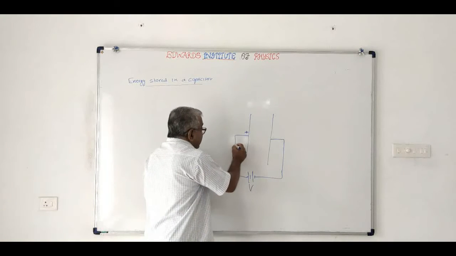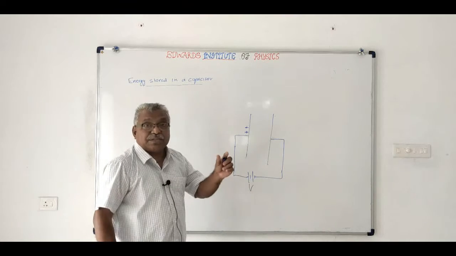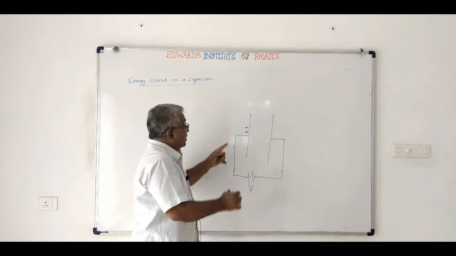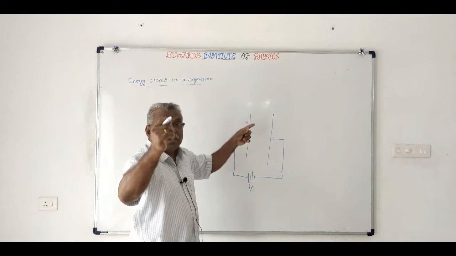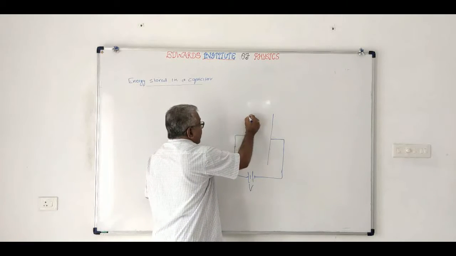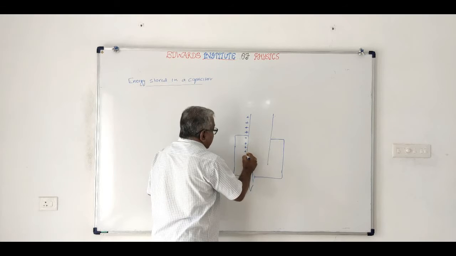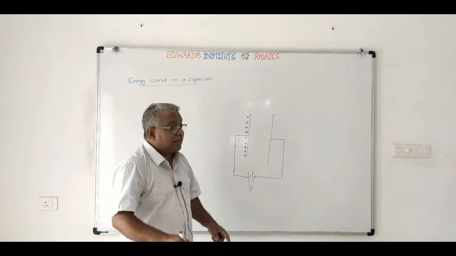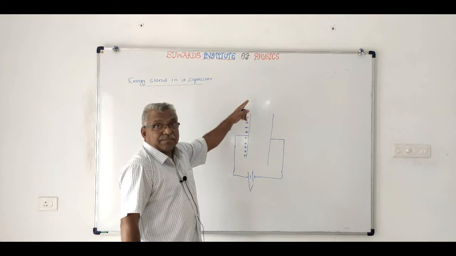Now the battery is sending the second charge, so there will be a small repulsive force from the first positive charge. Now it is sending another positive charge, so there will be a little more repulsive force. Like that, as the charge on this plate increases, the repulsive force increases. In other words, the potential of the plate is increasing.